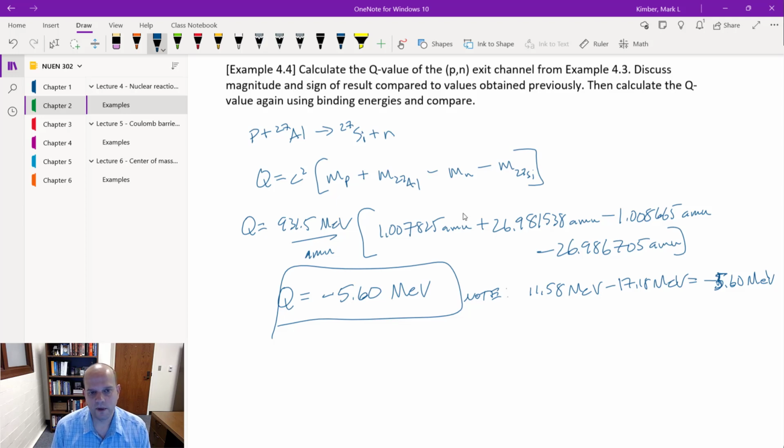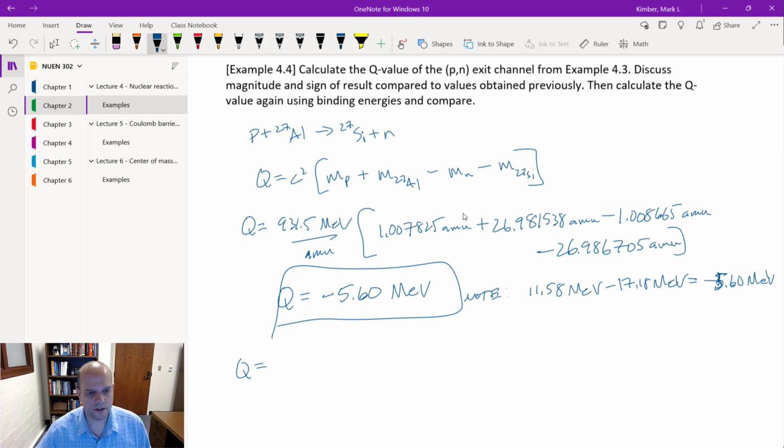Okay, so we arrive at the same conclusion and the same solution, even the same magnitude of numbers in terms of what we needed to do to that alpha, or the proton, in order to get this reaction to take place. So the last part of this question asks us to look at the binding energy. And so I'm going to calculate this.